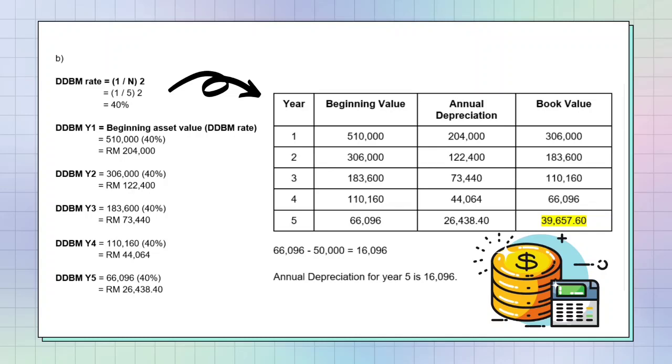You can see in the table for year 5, the book value is Rm39,657 and 60 cents. We take the beginning value in year 5, which is 63,096, minus the 50,000 salvage value, and the answer will be the annual depreciation for year 5, which is 16,096.